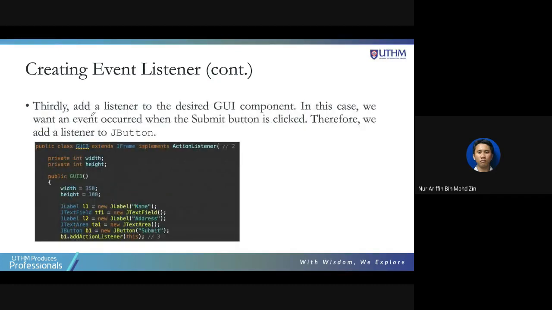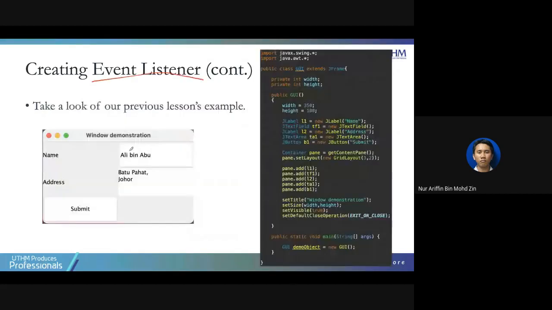The third step, we need to add a listener to the desired GUI component. In this case, we want an event to occur when the submit button is clicked. Therefore, we add a listener to the JButton. Take a look back at this window. There are three objects of GUI, right?